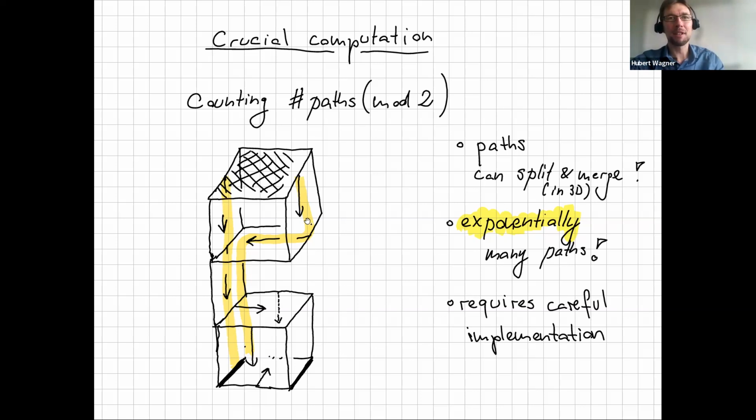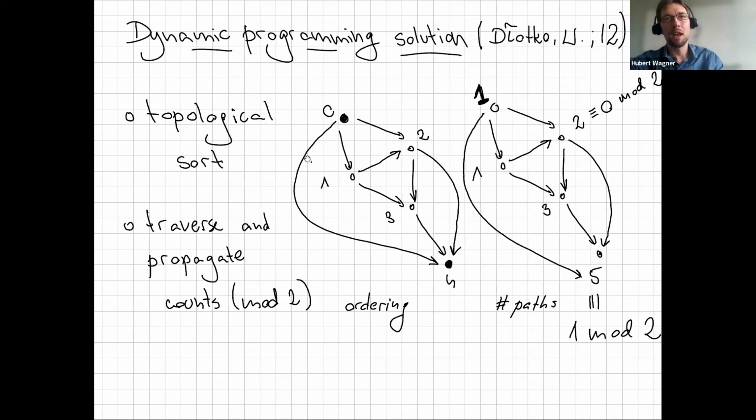But in the end, this is not really an issue, and the insight is that you don't need to enumerate all those paths. There can be billions of them, but with very simple techniques, you can count them. And counting in this case is much easier than enumerating.